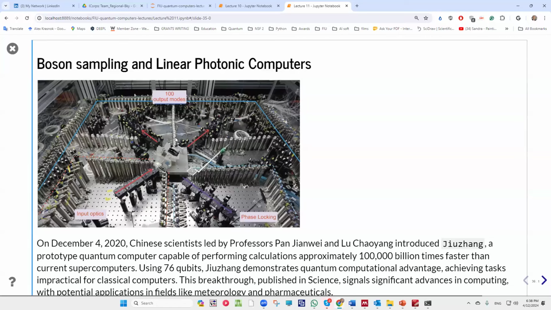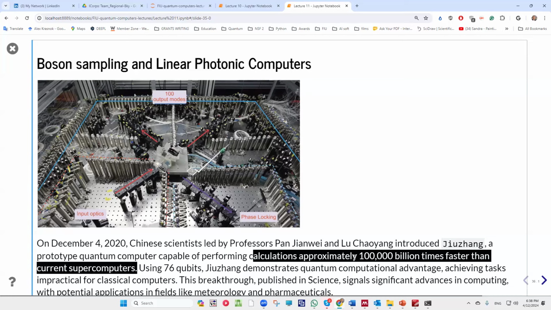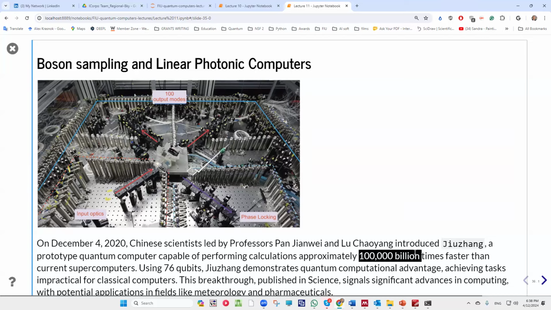Okay, so these professors claim 100,000 billion times faster than the current supercomputers. There were and there are some strong debates about claiming numbers like this, but anyway, the system works. This is not a universal quantum computer because, for the reason I described, right? No two qubit gates on the system.